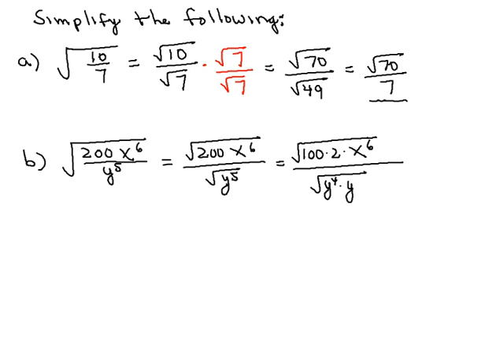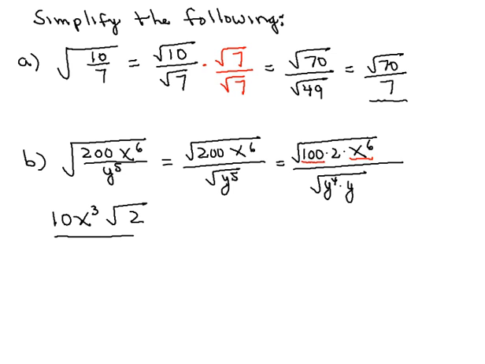So going back now to the numerator, the perfect square factors that will come out of the radical will be the 100 and the x to the 6th. So we'll have then on the outside of the radical 10 x to the 3rd power. Then we're left inside with the square root of 2.